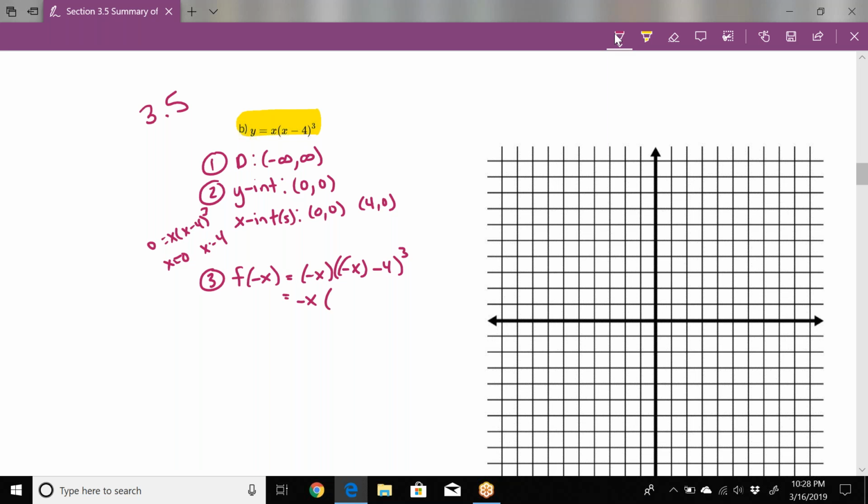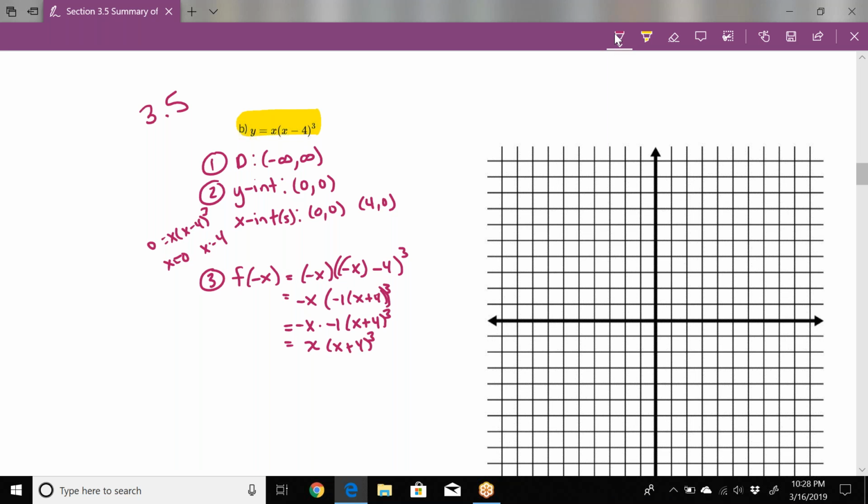This, you want to pull a negative 1 out of the factors here, so that makes this now x plus 4 cubed all together. And then we can cube just the negative 1 now that it's been factored out. So that would be negative x times a negative 1 cubed, which would be negative 1. And then we'd still have our x plus 4 then cubed. So this actually ends up being x times x plus 4 to the third.